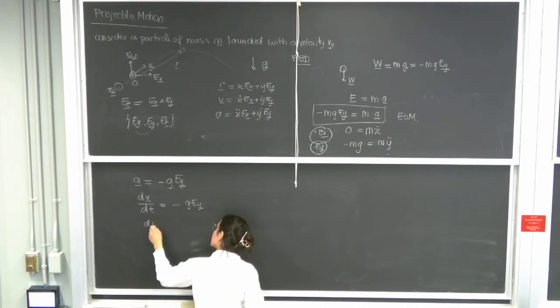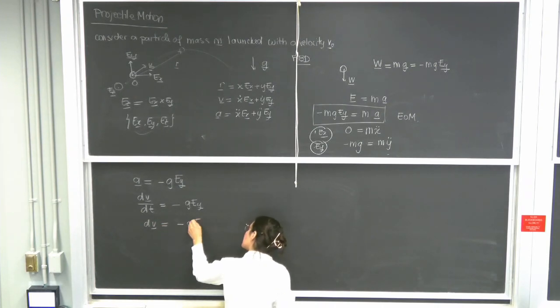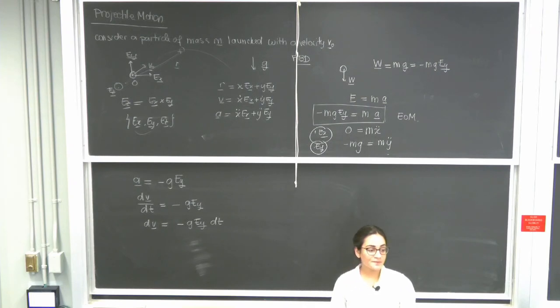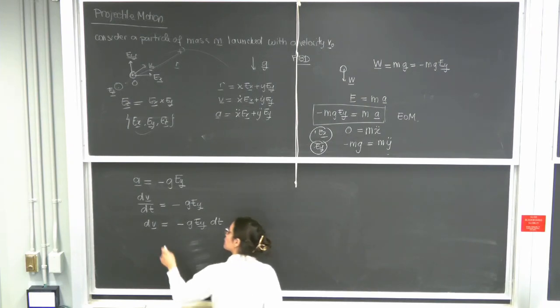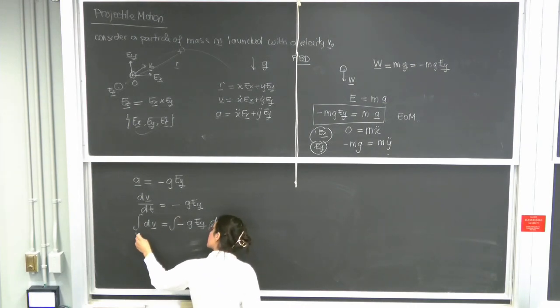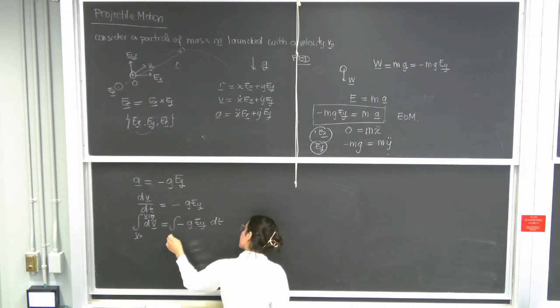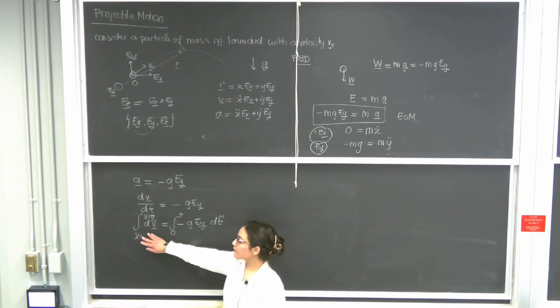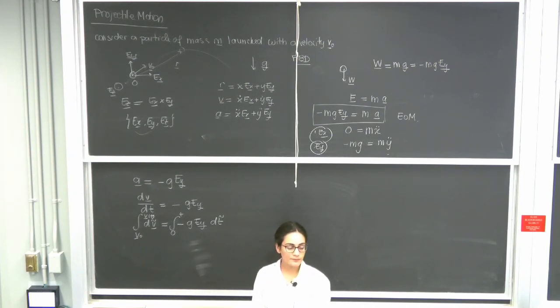So dV is equal to minus G Ey dt. Can I integrate both sides of this equation? Yep, why not? So integrating from V0 to V, at any time t, integrating from t0 to any time t. What will I get on this side? Don't let the vectors bother you. It's the same as you would do for a regular integral. So what would that be?